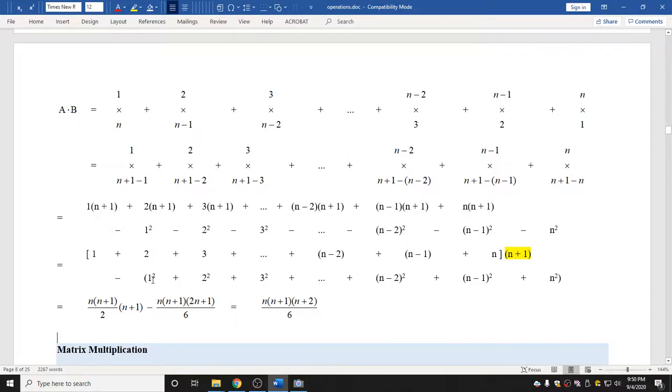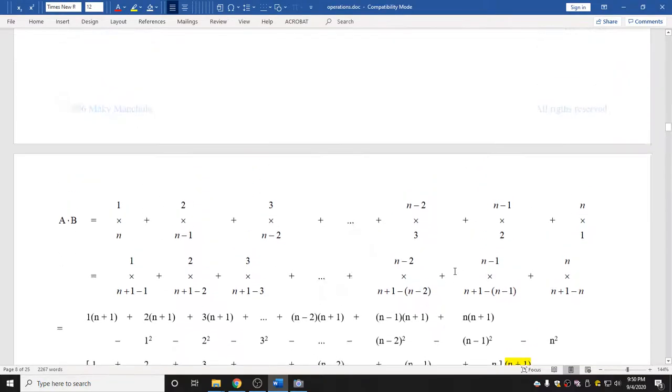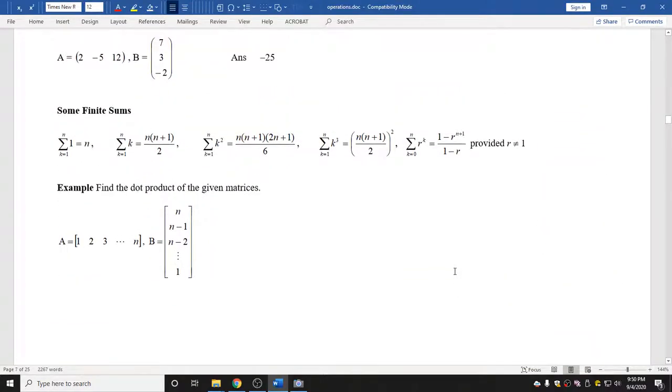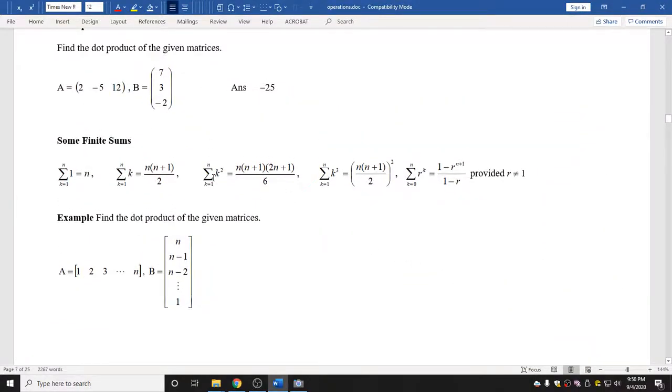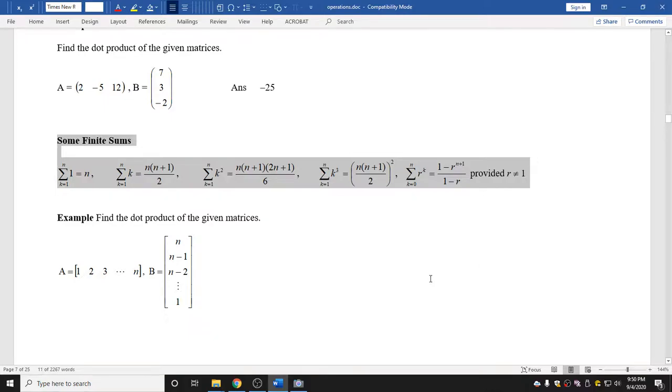And then there is a formula that not many students remember, the formula for sums of squares. Let me show you that from the previous page. When you add the perfect squares from 1 to n, you get this result, n times (n plus 1) times (2n plus 1) over 6. Let me remark that on this page I'm providing various finite sums. If you add a 1 n times, you get n.